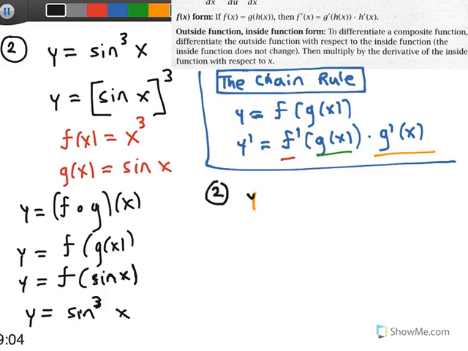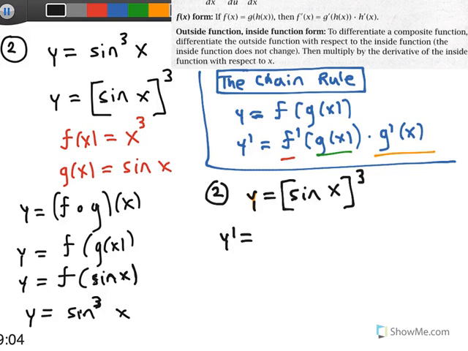So for number 2, we have y is equal to, the inside function is sine x, and the outside function is x cubed. So to find the derivative of this function, we use the chain rule.